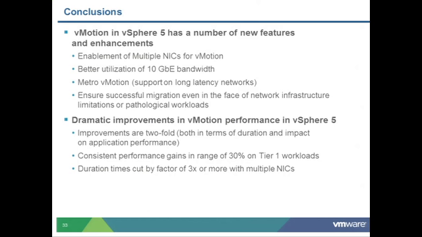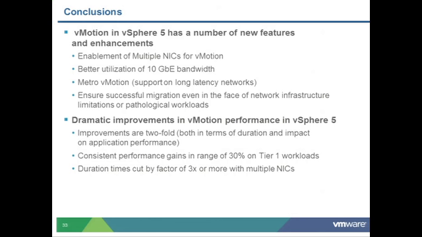And I think if I have not emphasized enough, we have lots of dramatic improvements in vSphere 5 for vMotion. And again, the improvements are in a number of areas. We reduce the duration, we reduce the impact on the application performance, and we ensure vMotion progresses smoothly. I know this presentation was right after lunch, so some of you might have dozed off.